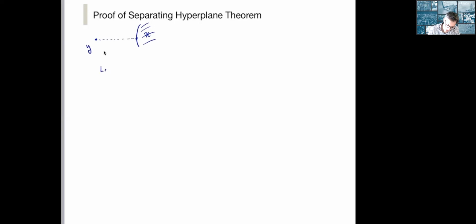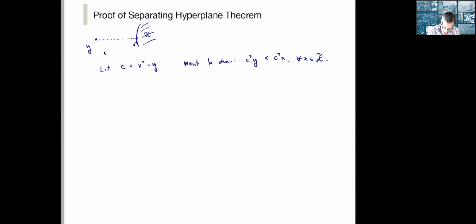So let c, the vector that we're trying to find, equal v star minus y, just like I have in the picture here. And we want to show that c transpose y is strictly less than c transpose x for any x in my set x.